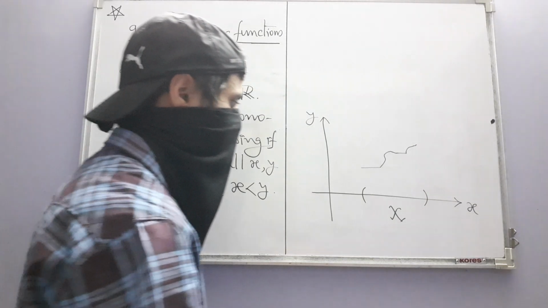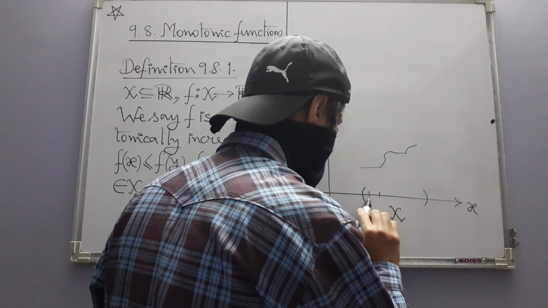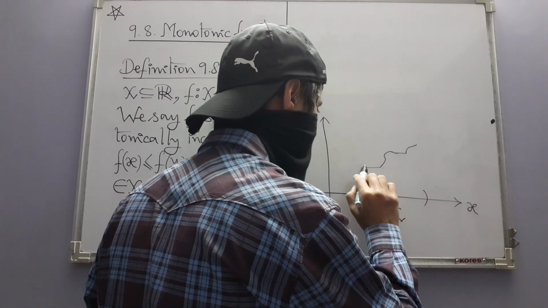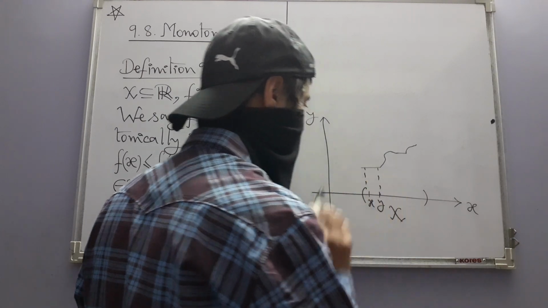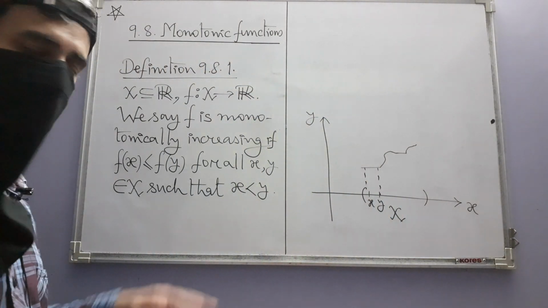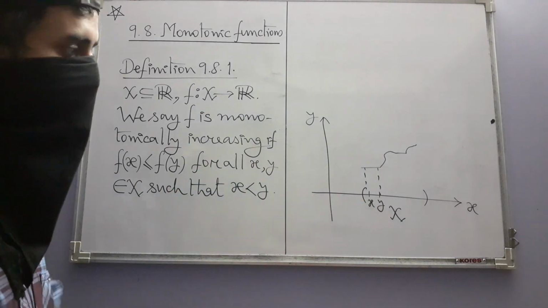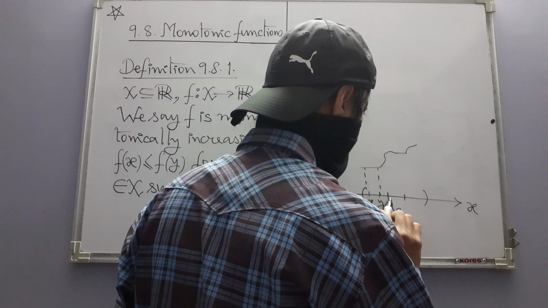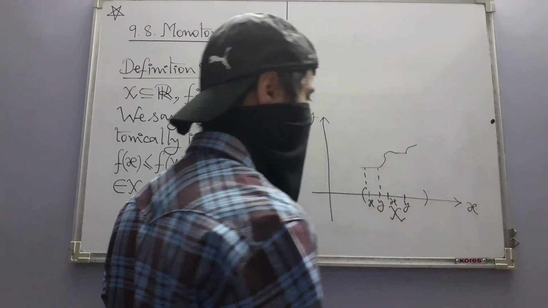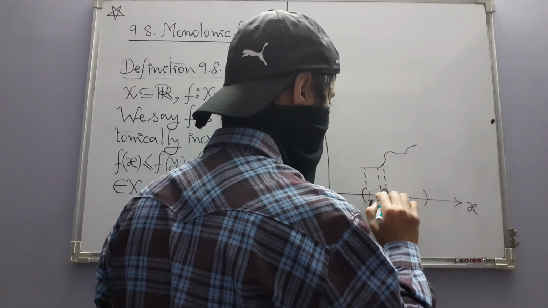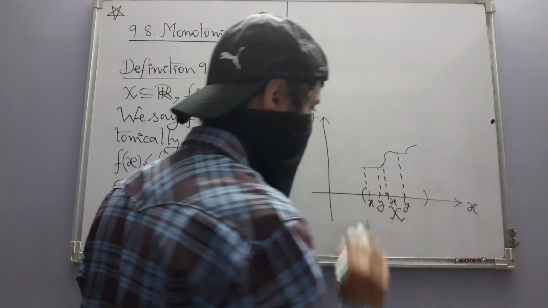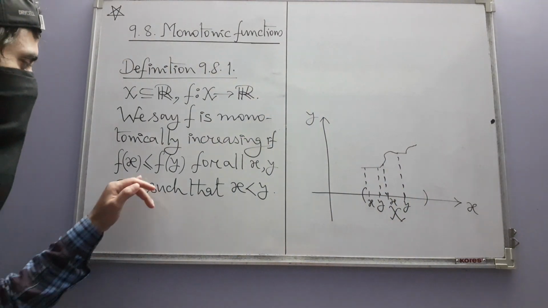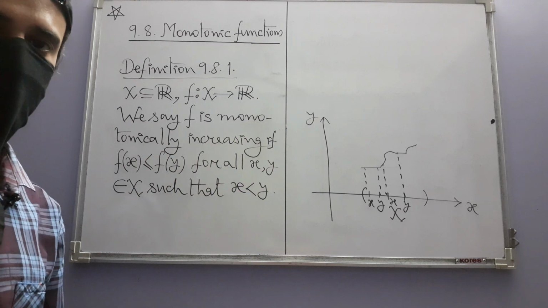That is, for some pairs of x, y values, the corresponding f values are the same. And for some pairs of x and y values, the corresponding f values satisfy such an inequality.